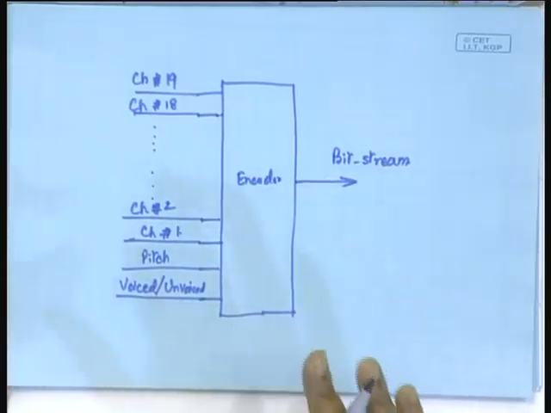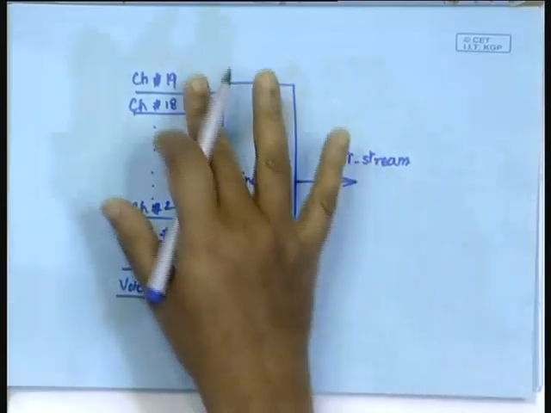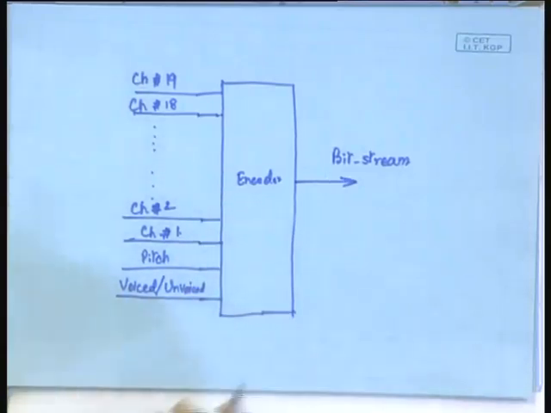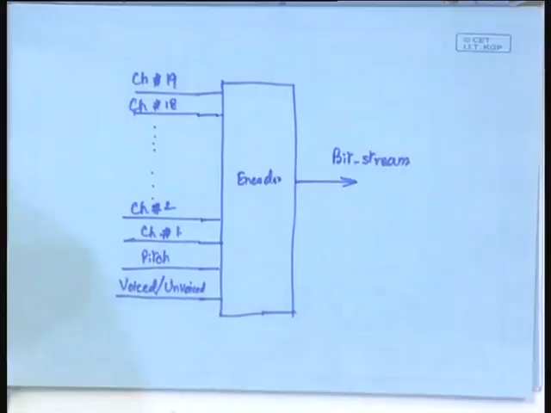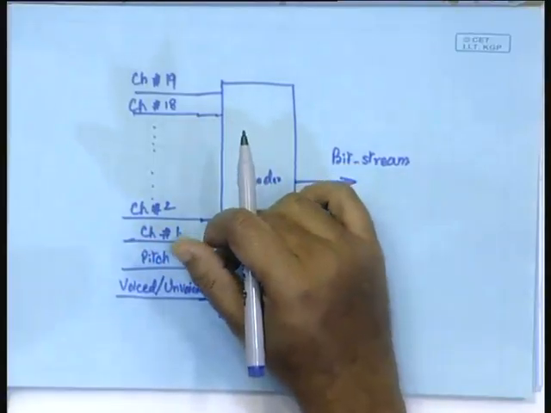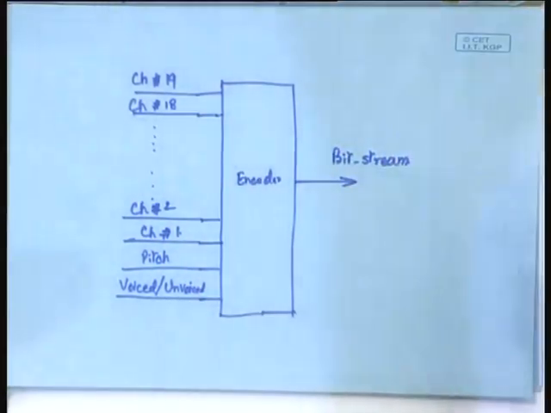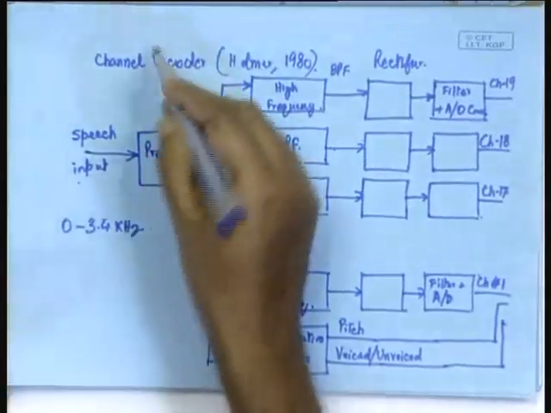I mean, we are talking of what the decoder is going to do. Decoder is going to extract all this channel information, pitch information, voiced unvoiced flag, and then accordingly the pitch will excite the source, and then accordingly we will be having the synthesis, that is to say this channel 1 to channel 19 outputs in turn will decide the spectral shape. So, this whole thing is called the channel vocoder.